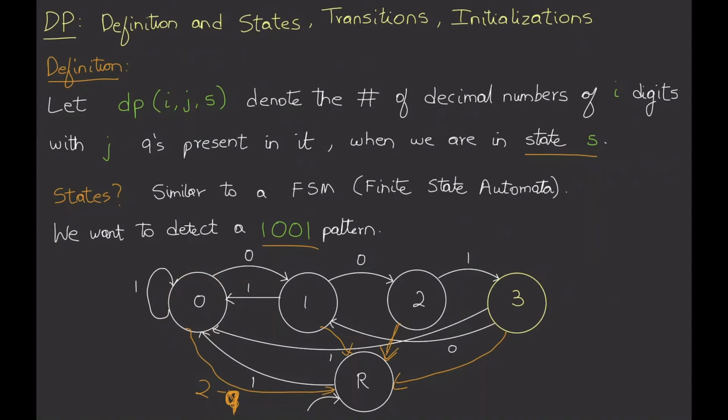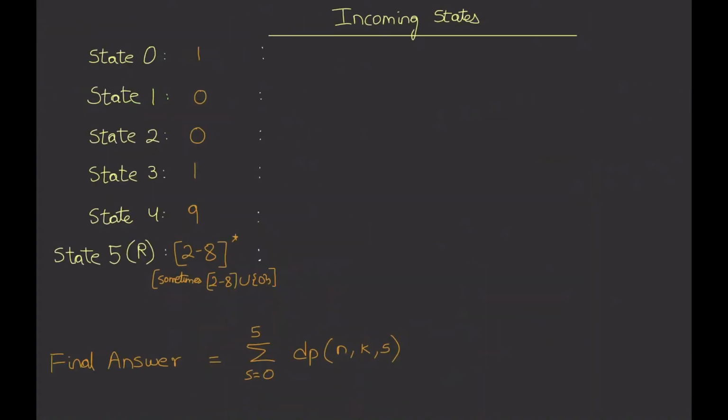Like if I was at state 1 over here, then on seeing a 1, I cannot go to state 3 because there is no edge going in that direction. But I can go to state 0 from here. That means I can reach state 0 from state 1. So let us write that down. So I can reach state 0 from state 1.